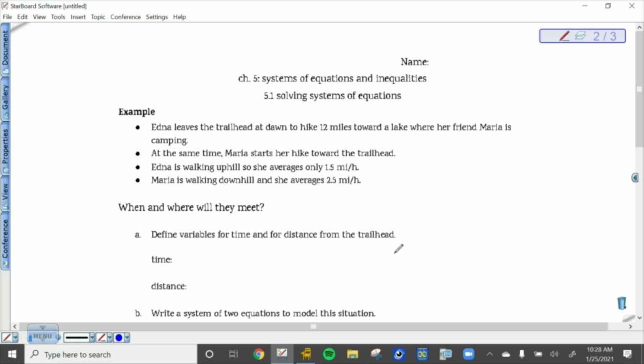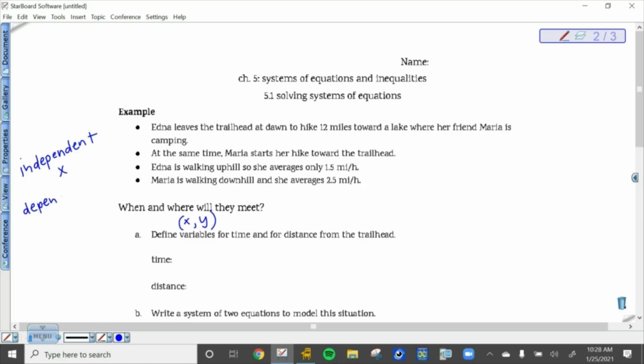So our first step is we need to define variables for time and distance from the trailhead. So our variables are going to be x and y. Which one of those is the independent variable? X. X is the independent variable. And what's the dependent variable?